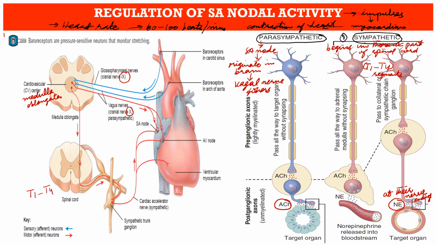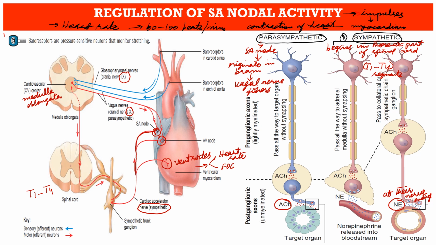And then from these segments, the impulses pass through the sympathetic nerves to the SA node and also to the atria and also to the ventricles. In this way, it controls both heart rate and force of contraction.